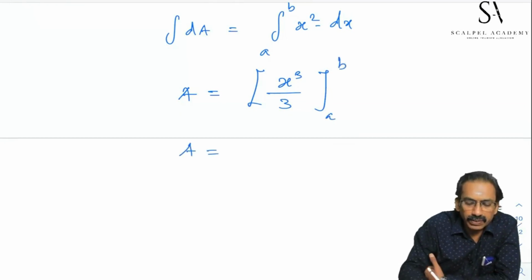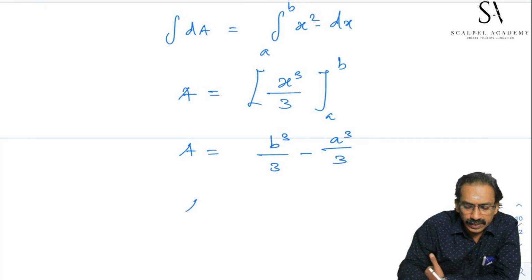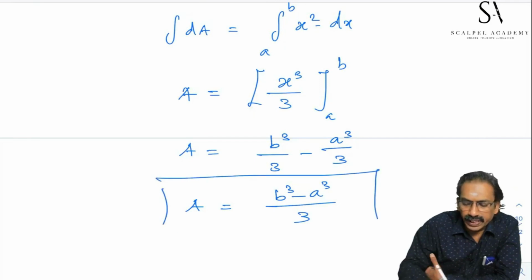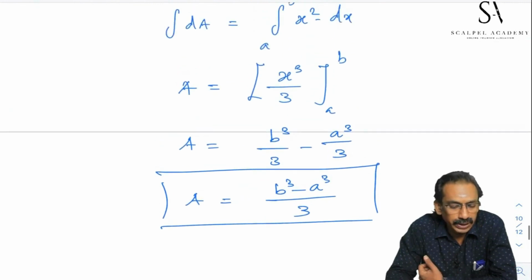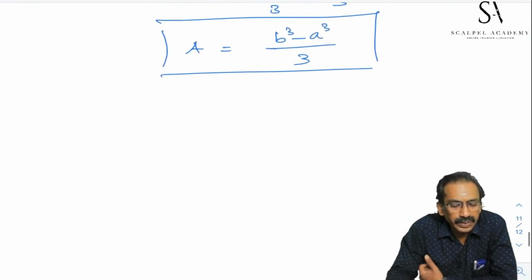Area is equal to b cubed by 3 minus a cubed by 3. The area is equal to b cubed minus a cubed, by 3. This is the area under the graph in between x equal to a to b.